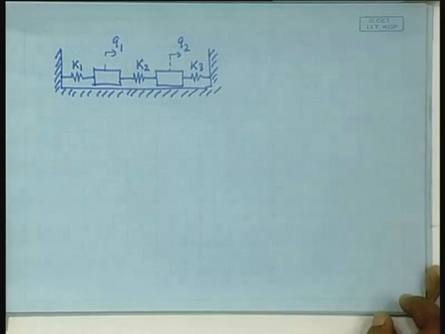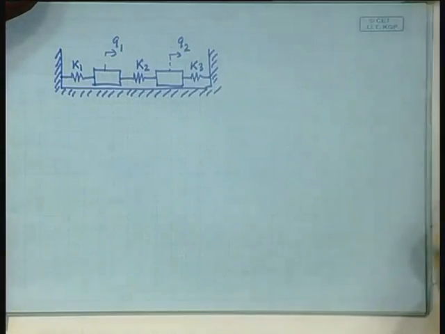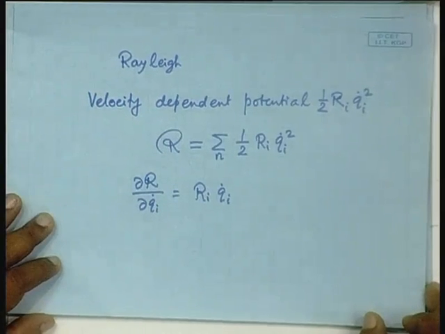Sir, in this case when we had conservative forces, we took Q_i as minus dV/dq_i, right? And for frictional forces, it is dR/dq_i dot.